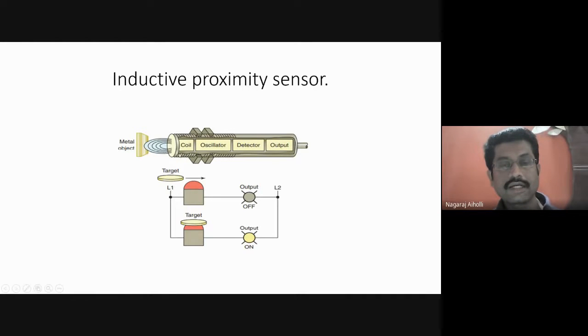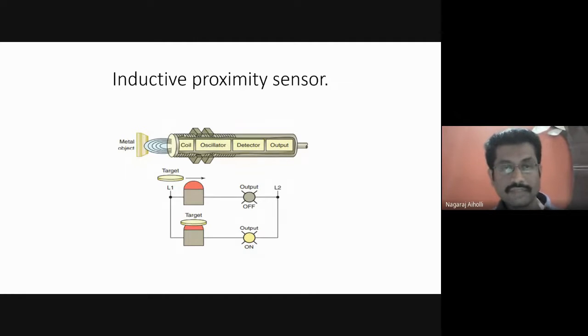These electromagnetic waves consist of an electric field and a magnetic field perpendicular to each other. Such waves we call electromagnetic waves.